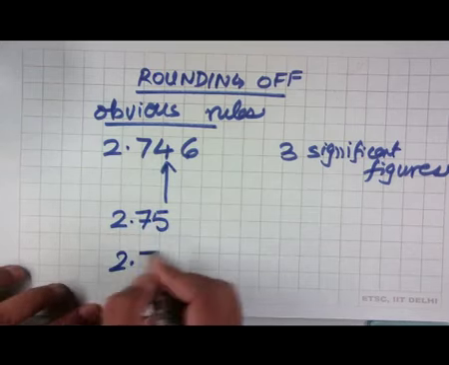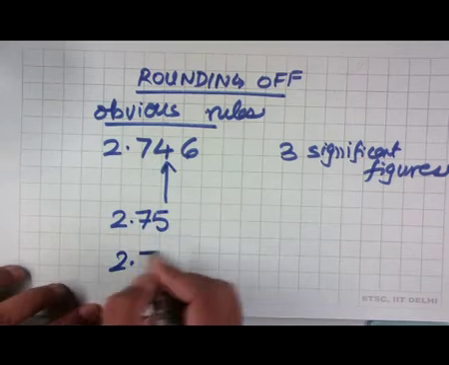If the preceding digit is even, then we drop the 5. So, for example, when 2.745, because the digit to be dropped is 5, we look at the digit before this, it is 4. So, this is an even digit. So, we will drop the 5. So, this number will become 2.74.